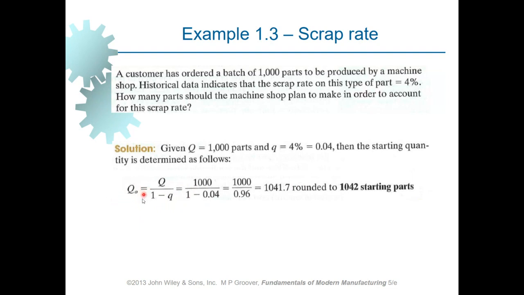So we need to buy this many raw materials, that is 1042 instead of 1000, because we want to end up with 1000 quality parts. We need to start with a larger size of raw materials to end up with 1000 acceptable products.